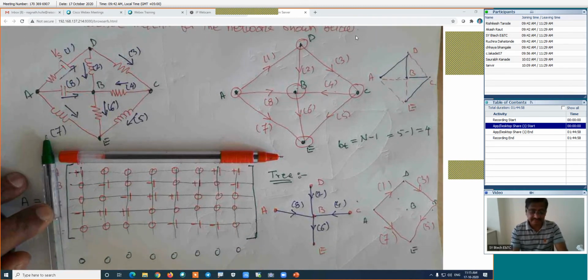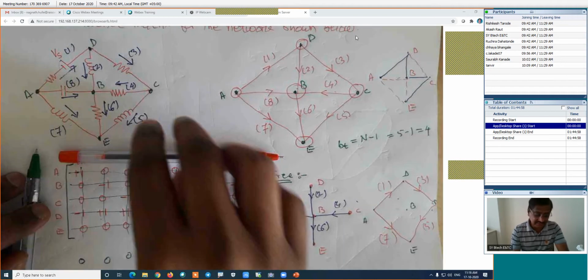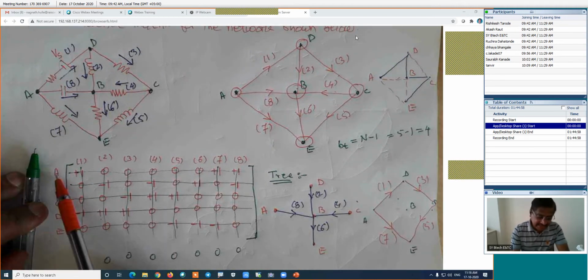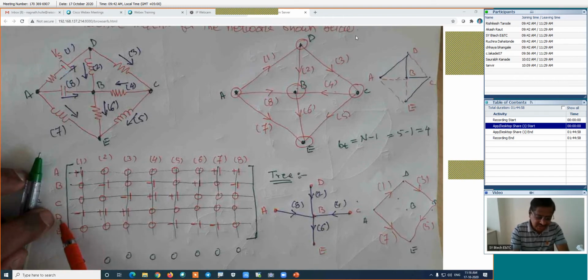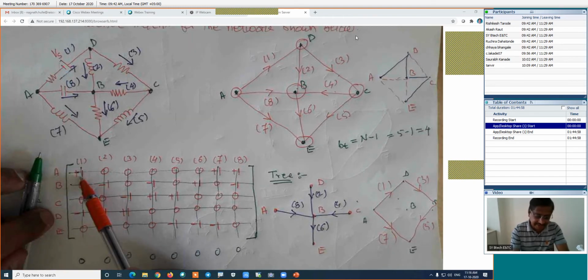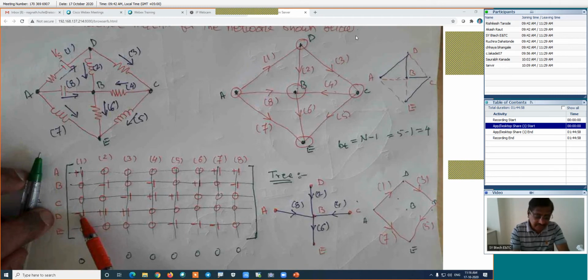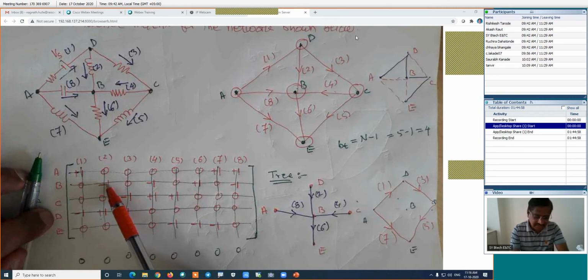Is it right? Then we can connect A and D. For A it is +1 and for D it is -1. This branch number 1 is connected between A and D. Branch number 2 is connected between B and D, and its direction is from the plus, meaning the D node, towards the B node, because the incoming is at B, since it is -1.